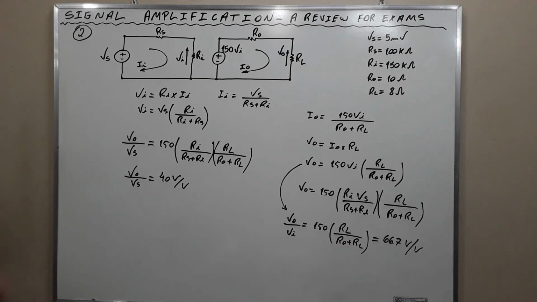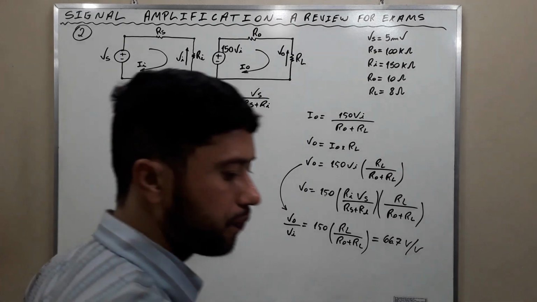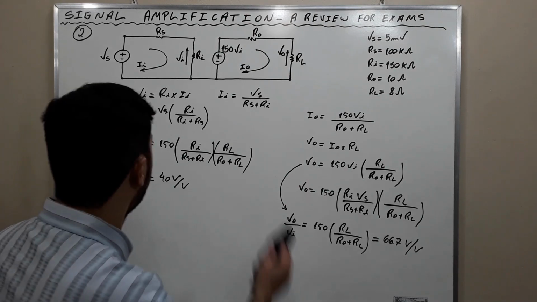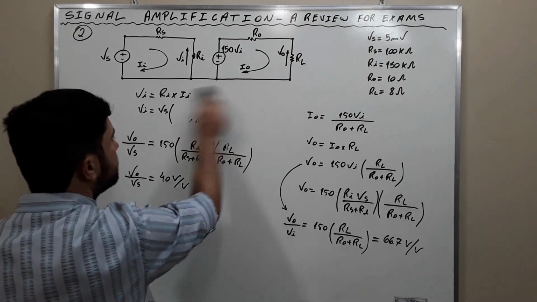Okay? These are the voltage gains. This is letter A, what the exercise wanted us to calculate first, the voltage gains. Now we are going to proceed similarly to calculate the current gain. The current gain is calculated using similar steps.